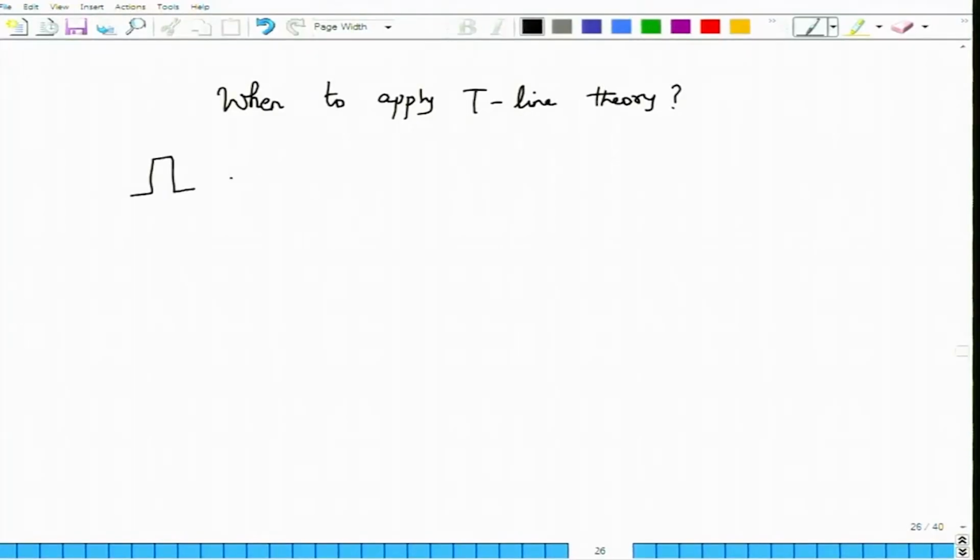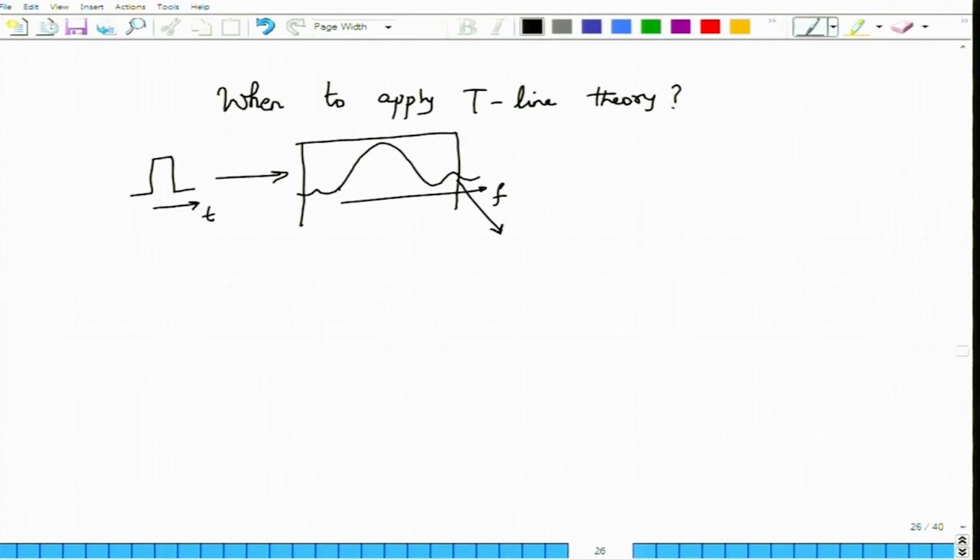So, in other words, since we are talking of pulses and a pulse will have a typical frequency spectrum, right, let us say for our purposes this is the frequency spectrum that I am interested in. So, this is along the f axis, this is the time axis, and let us say this is my maximum frequency of interest. But I can also imagine that instead of talking about the frequency, I can talk about the wavelength, then corresponding to this f max there will be a shortest wavelength over here.